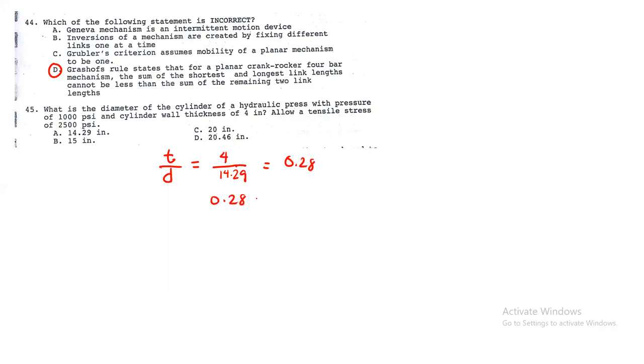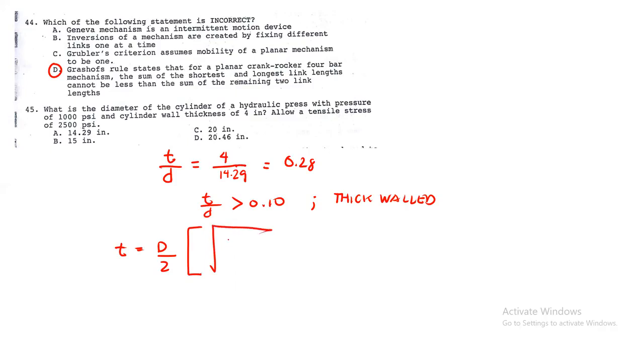So, thickness over diameter is greater than 0.10, which means it is a thick wall. So, we will use the thick wall formula, Lame's equation. Thickness is equal to diameter over 2 times the square root of (ST plus PI) over (ST minus PI) minus 1.